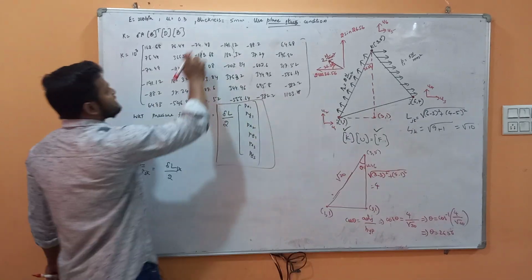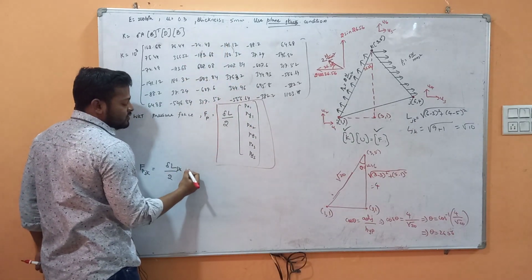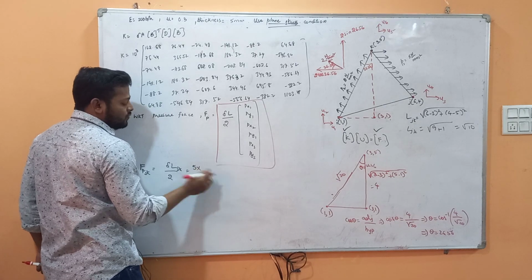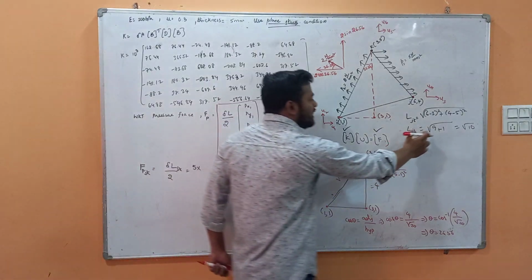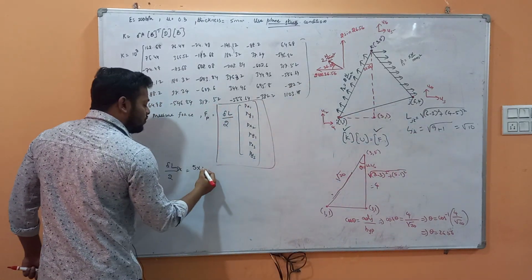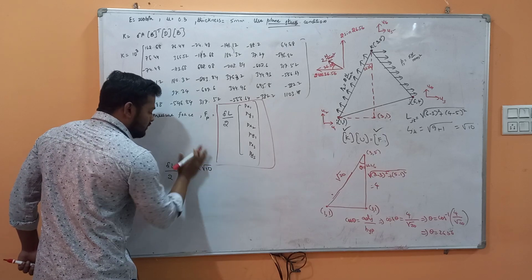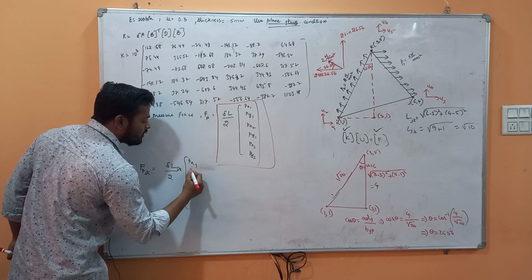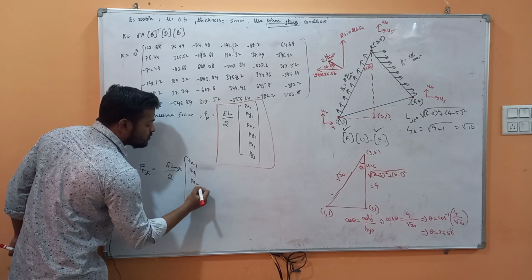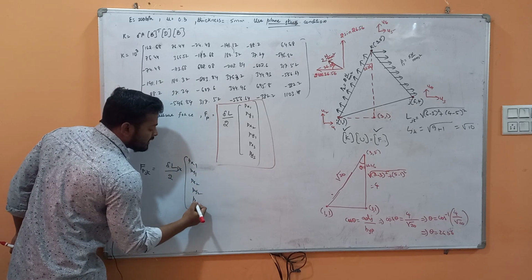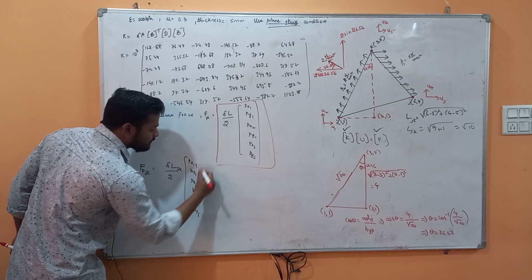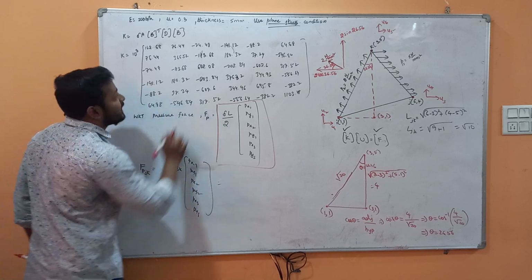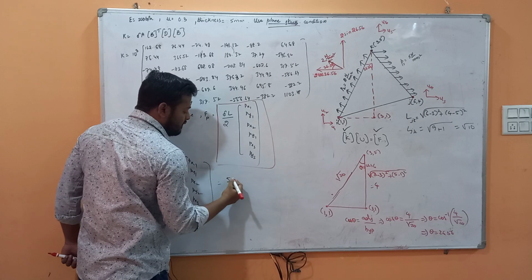Delta is the thickness, which has been given in the question, that is 5 mm. So it is 5 into the length of Jk, which we got as root 10. Now the complete formula has px1, py1, px2, py2, px3, py3. Now I will substitute. Delta is given in the question as 5.